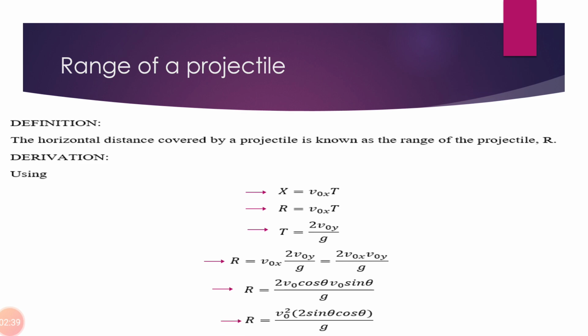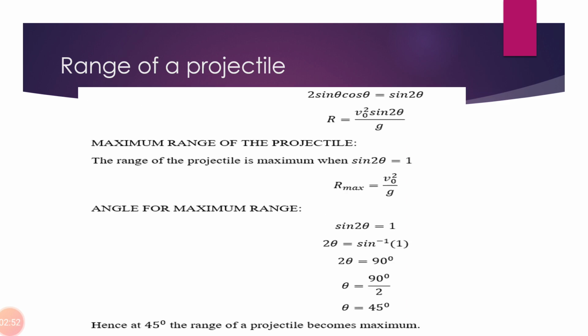In the next step, we multiply v0 with v0 to get v0 square, and we bracket the term 2 sin theta cos theta. Why? Because that term is equal to sin 2 theta. Replacing this into the range expression, we get the final expression for the range of a projectile, which is v0 square sin 2 theta upon g.